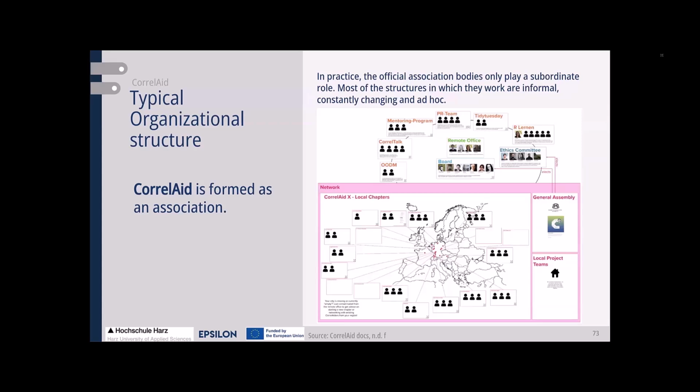In Germany, we do have the CorrelAid. They are differently organized. They are organized as a German association. So you do have a general assembly, and you do have local chapters all over Germany. Those local chapters are marked with an X, and they form the network.